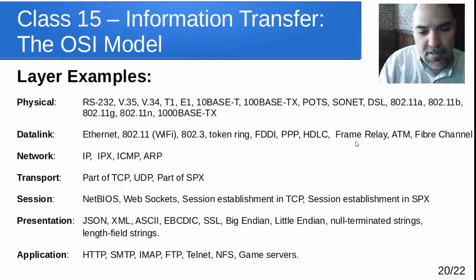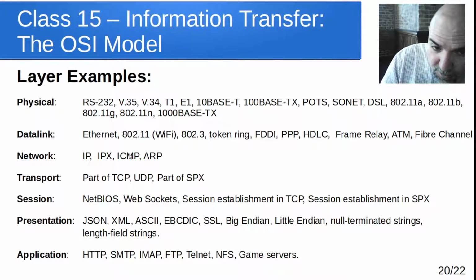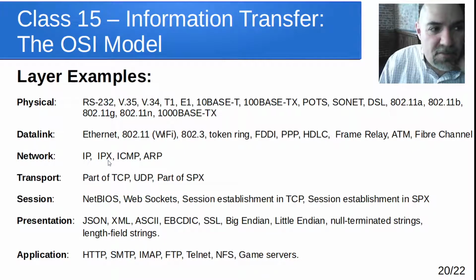The network layer, the most common one that you see now almost exclusively is IP, but there are some other ones at that layer, IPX, ICMP, ARP. These are used for lower level networking services, things not to route packets from end to end. And IPX was a novel networking system that is still used to some extent, but not as much as IP nowadays.